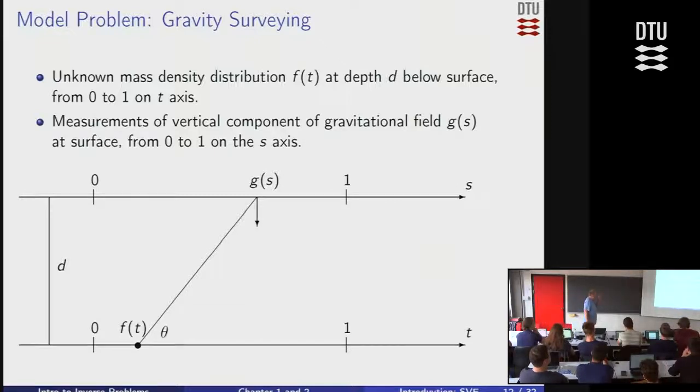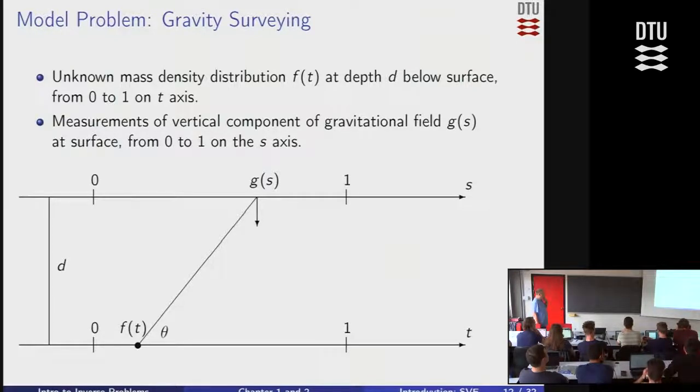We have an s-axis along the surface, and then at the depth d, we have put a t-axis where we put some mass distribution along that t-axis from 0 to 1. So there's some mass located along the t-axis in that interval there.